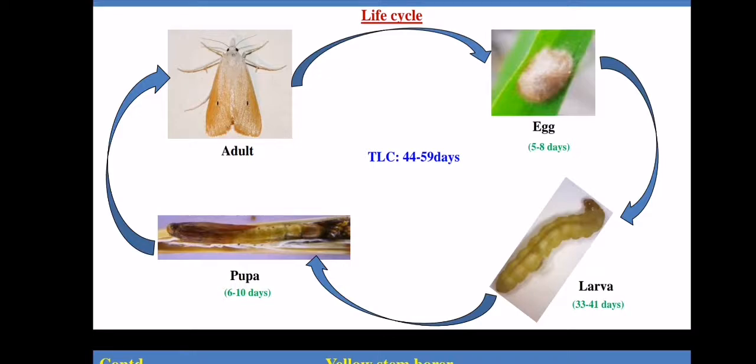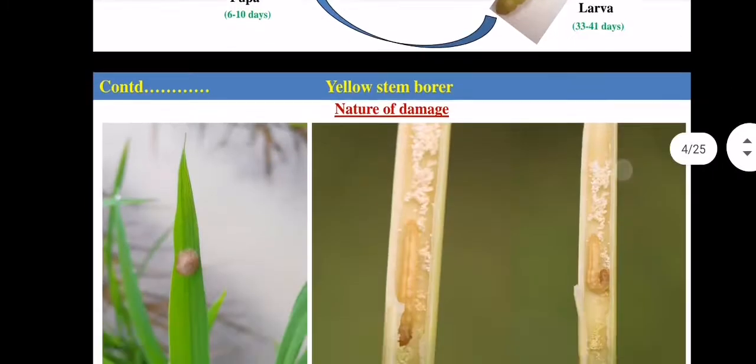So the total life cycle is completed in 44 to 59 days. So this is the longest life cycle among the paddy insects, that of the yellow stem borer.